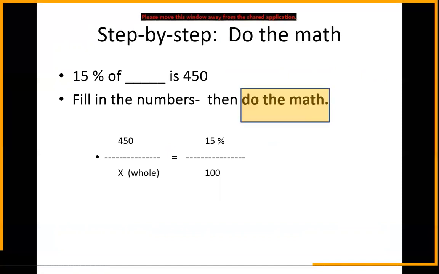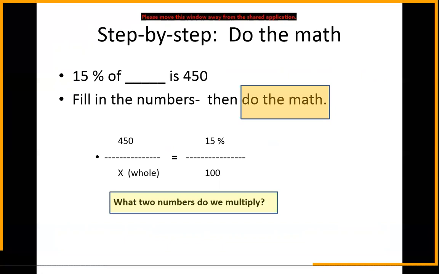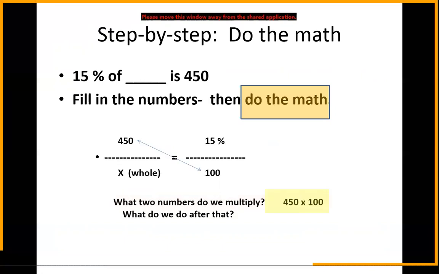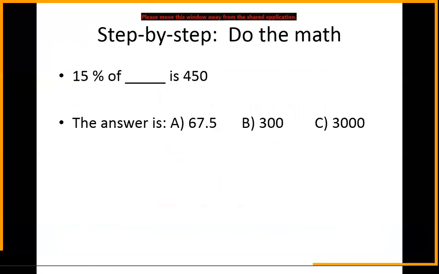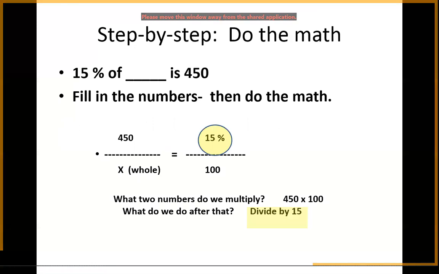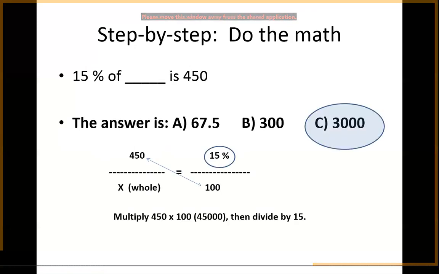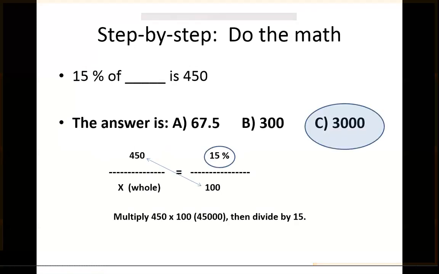Is it making sense? Then do the math. Multiply the two across from each other up and down, 450 times 100, and then divide by 15. So the answer is 3,000.